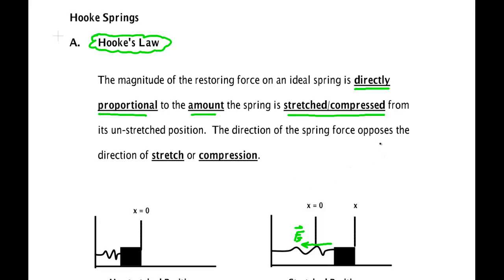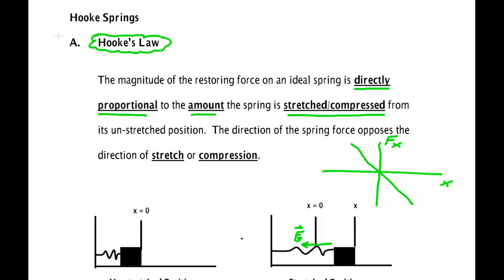And one way to see this is to plot it. So if this is x, then the force, if you go in a positive direction x, will be a negative number, and it will fit a straight line. This is what this equation means.